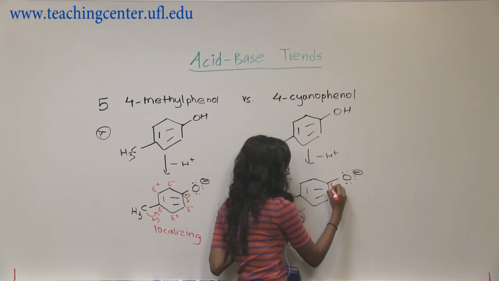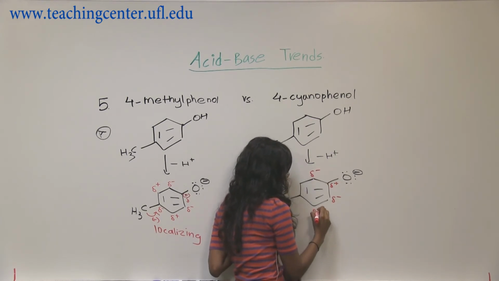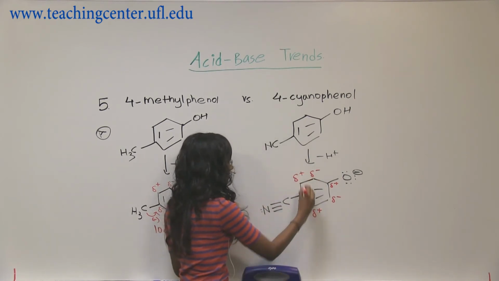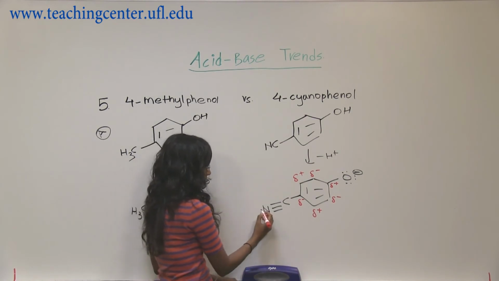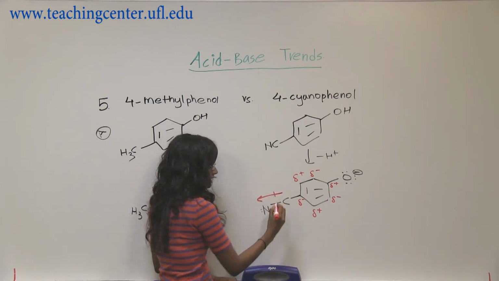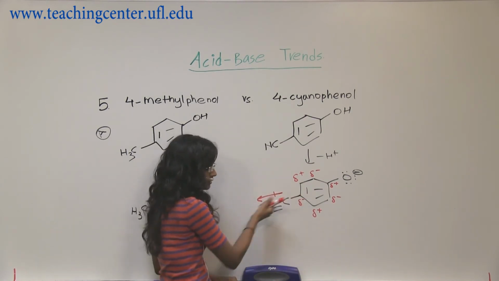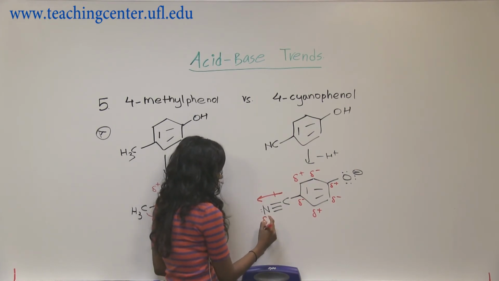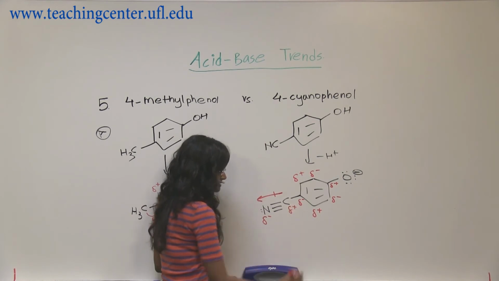This is still negative, so that's partial positive, partial negative, partial positive, partial negative. Alright, now nitrogen is more electronegative than carbon, so it's going to pull the electrons towards itself. That means this will be partial negative, so carbon has to be partial positive.